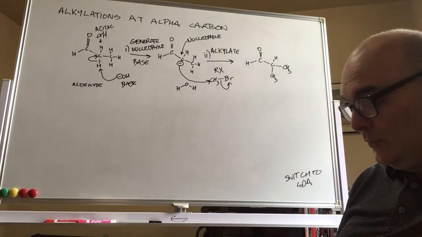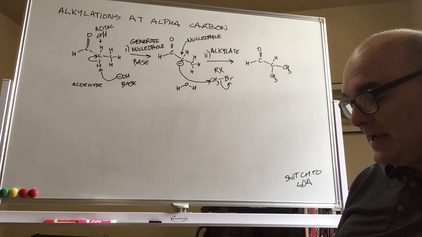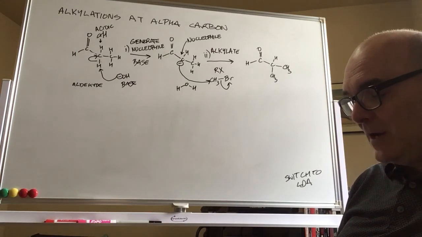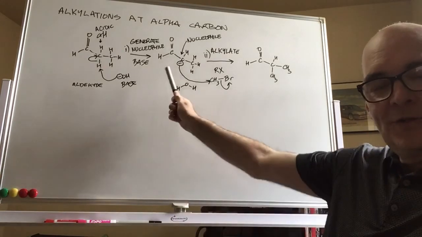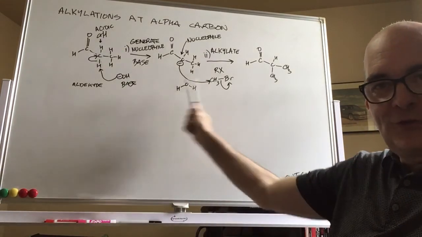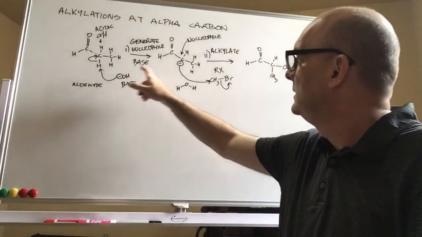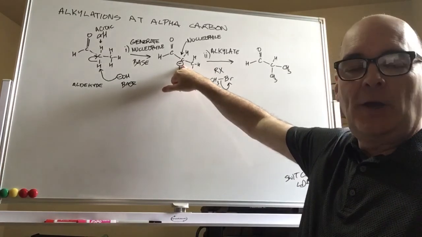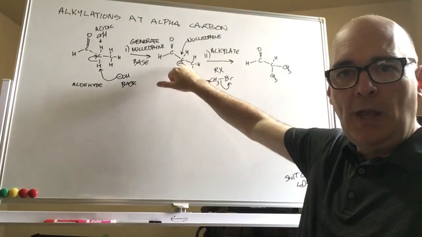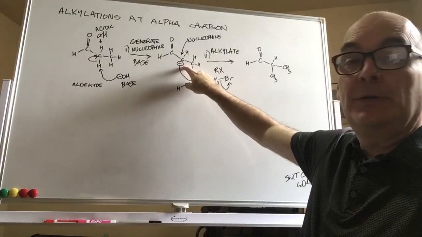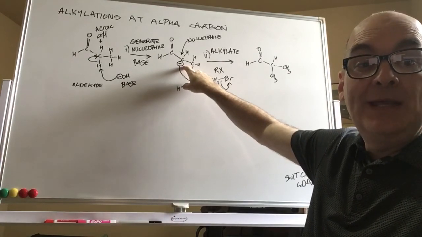And so when I'm writing these mechanisms out for myself, mostly I do it the shorthand way, because what I can guarantee is that I always know where the nucleophile is. I always know that it's this carbon that's making the new bond.